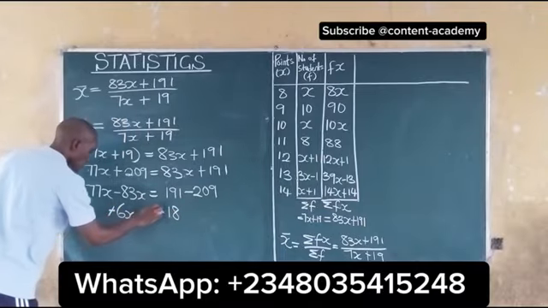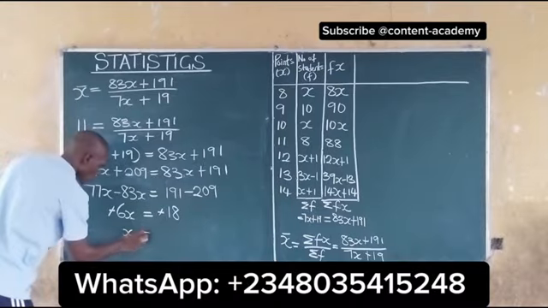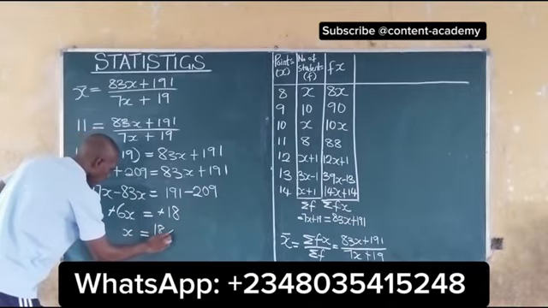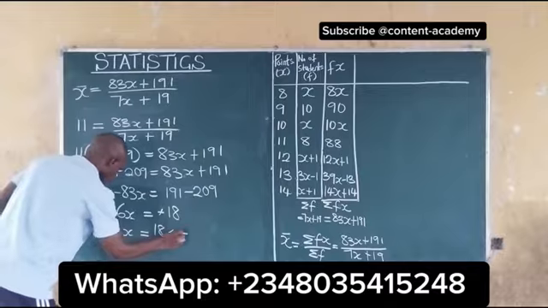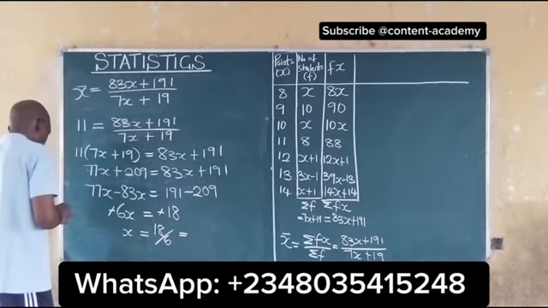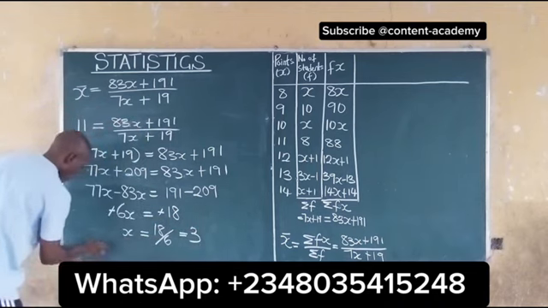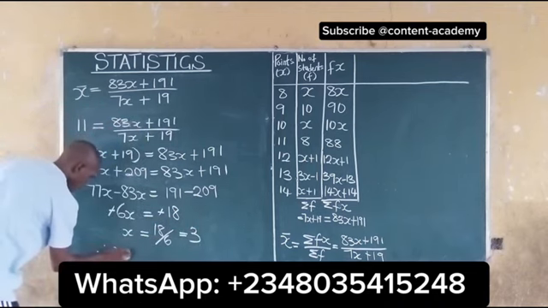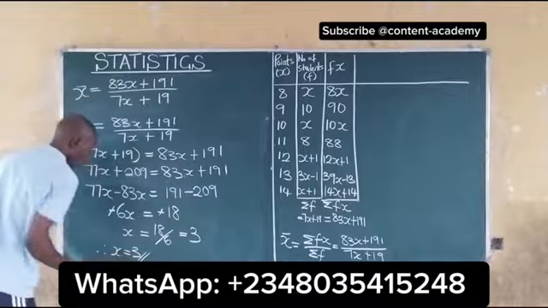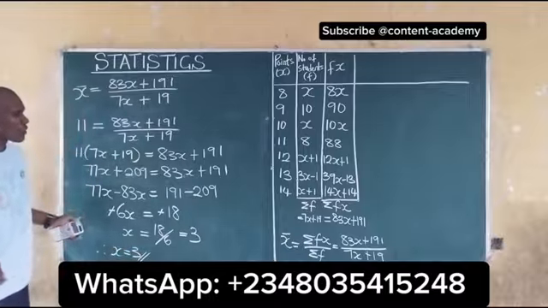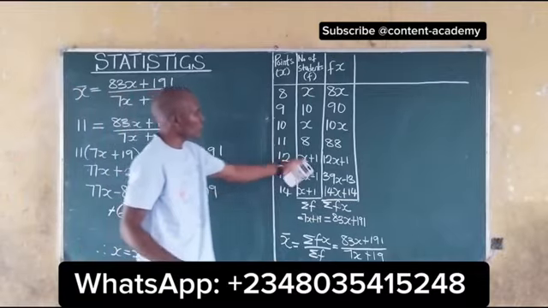So this will cancel this. Our x will be equal to 18 divided by 6, which is equal to 3. Therefore, our x is equal to 3. So, we've gotten the value of x. x is equal to 3.